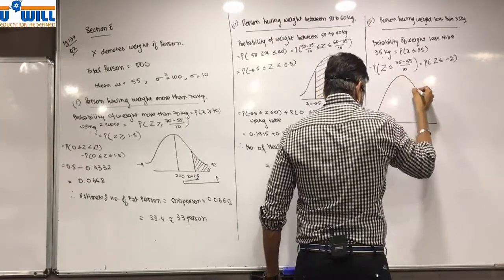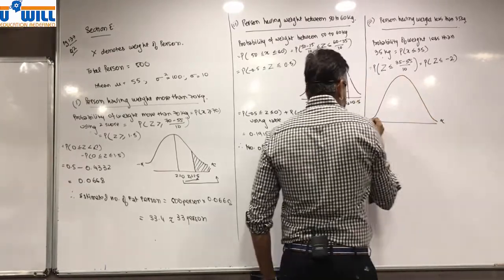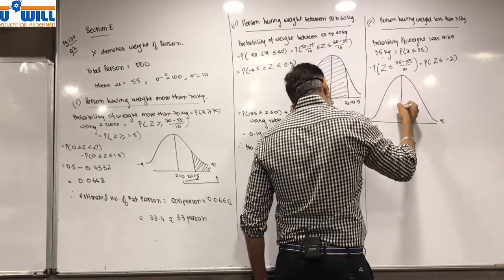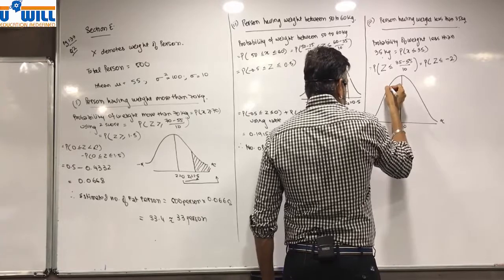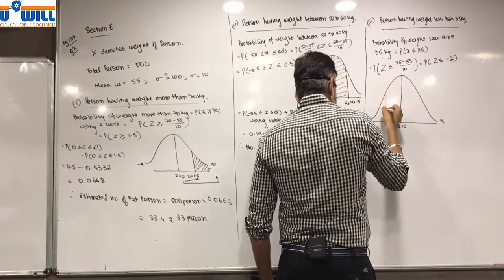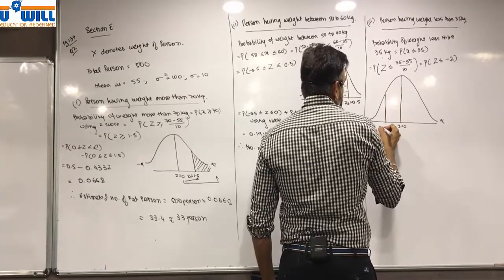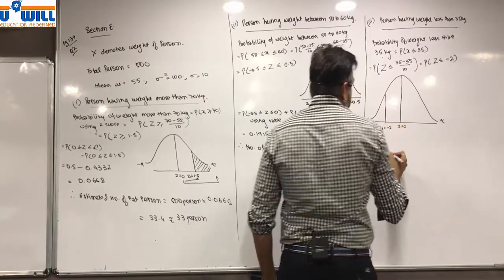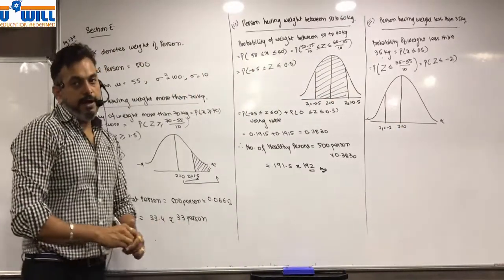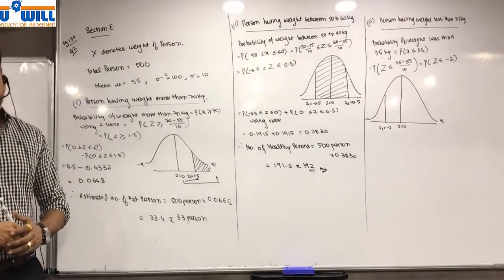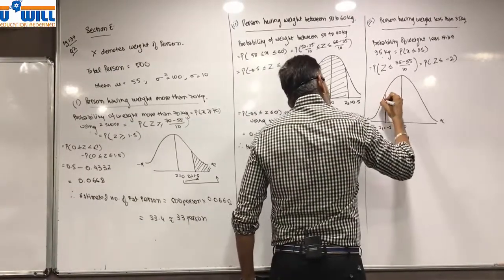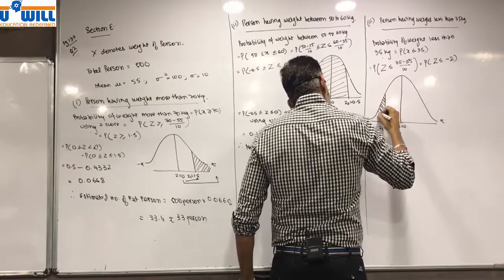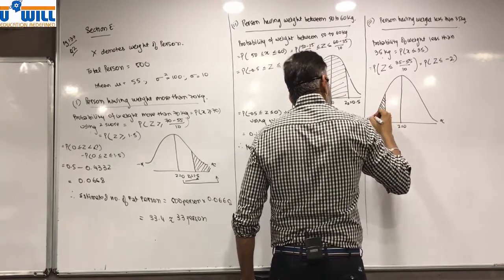Infinity, minus infinity. At the peak, z is equal to 0, and Z1 is equal to minus 2. Where will we shade? Left side. Very good.